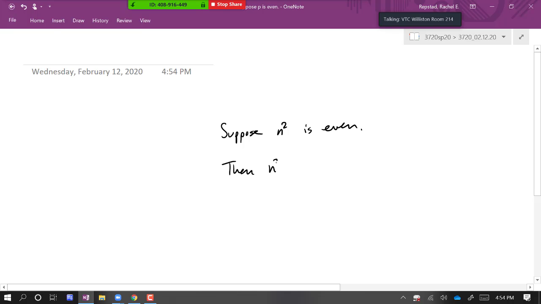Then we can say n squared is 2k for some integer k. Then I want to be able to conclude something about n. So how do I get to n? I have to take a square root? Then I don't even know if I'm in the integers anymore. The integers are not closed under square roots, and I get nowhere. There's kind of no conclusions for me to draw.